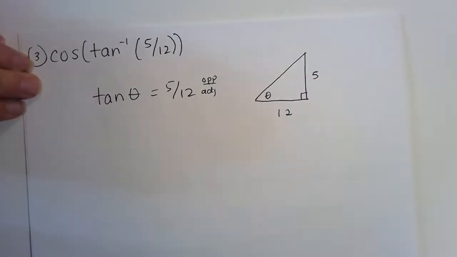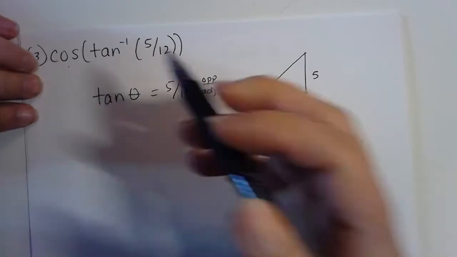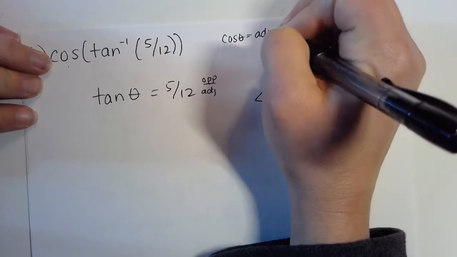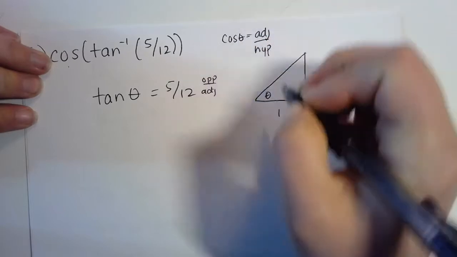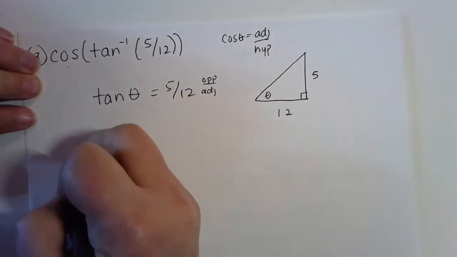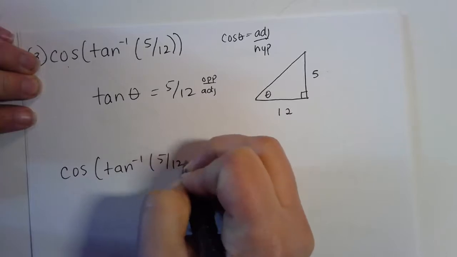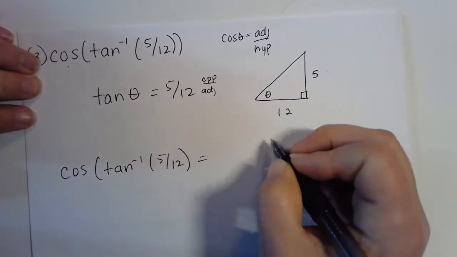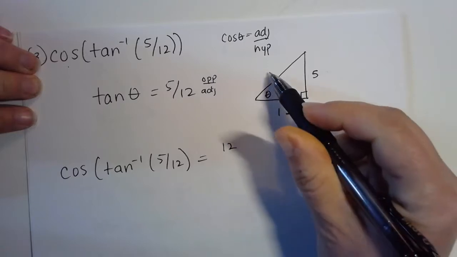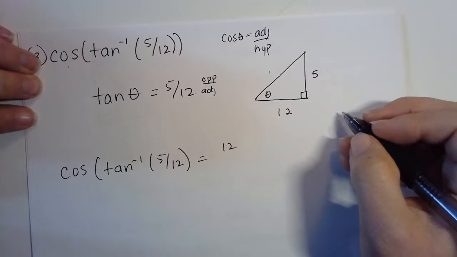So if this is my theta, my opposite side is over here, and my adjacent side is over here. Now my cosine, the outer function, cosine of theta is the adjacent side over the hypotenuse. Now I know the adjacent side is 12, so the cosine of arctan of 5 over 12 will have a 12 on top, because that's the adjacent side. Now I need to figure out my hypotenuse, and I can do that using the Pythagorean theorem.